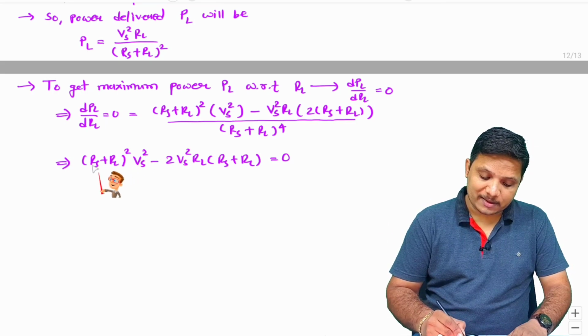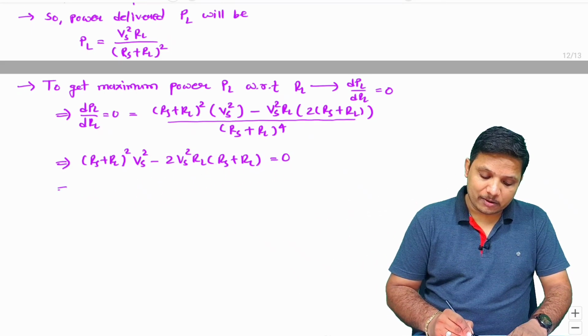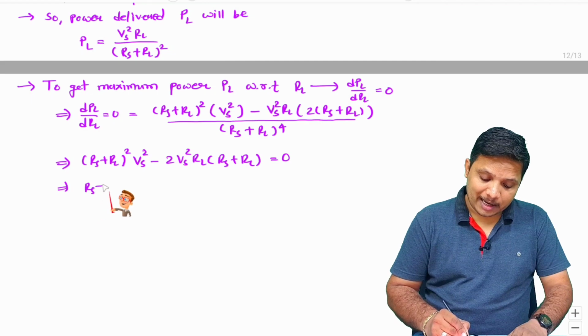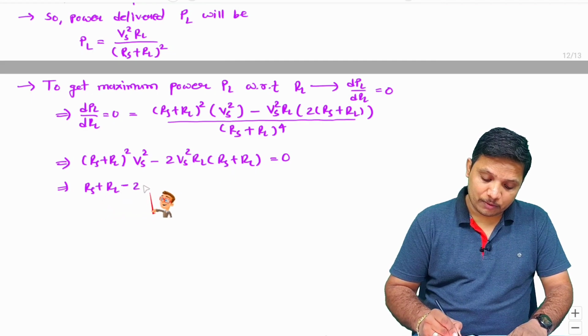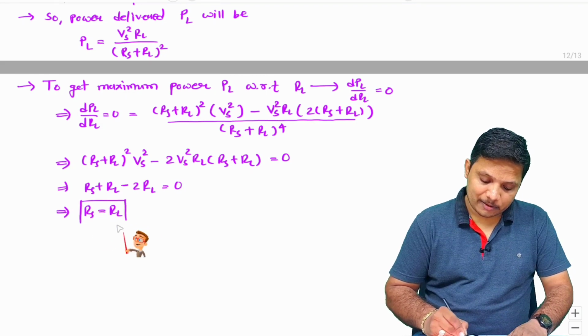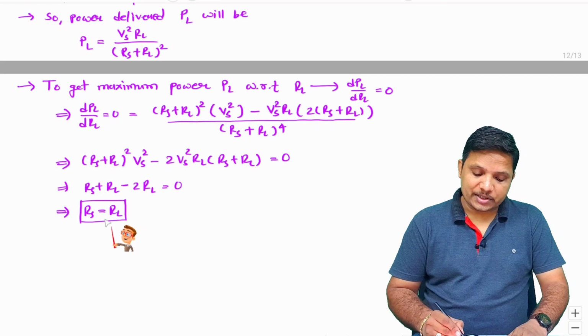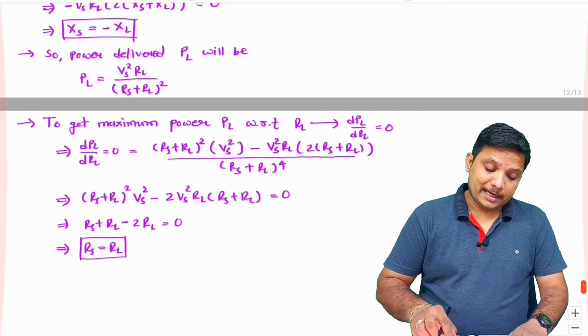Now you see Vs square and (Rs plus RL) are common in both of these terms, and that will get multiplied with 0. So we'll be having (Rs plus RL), and over here minus 2 RL, and that is equal to 0. So I can say Rs is equal to RL. So this is the basic condition for maximum power delivered to the load for RL, right?